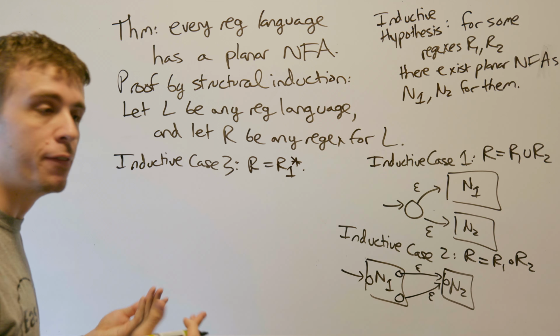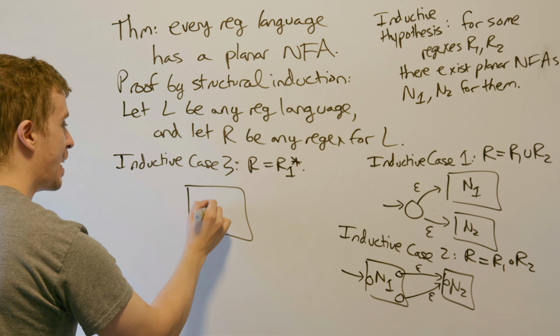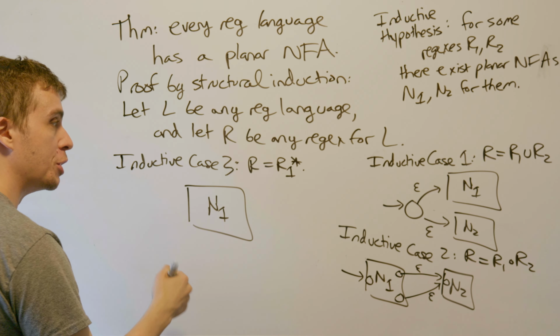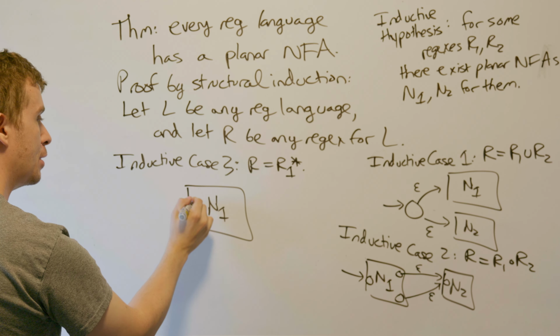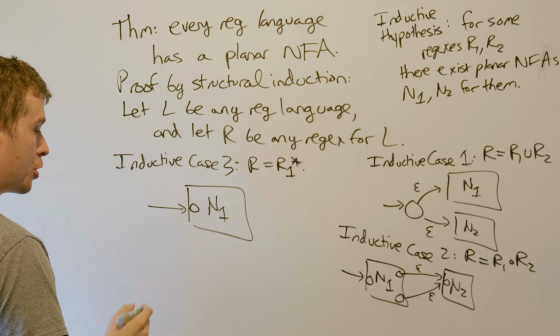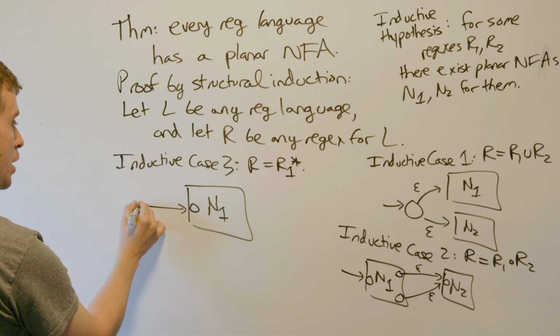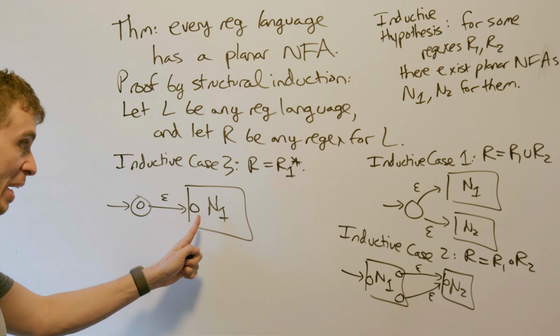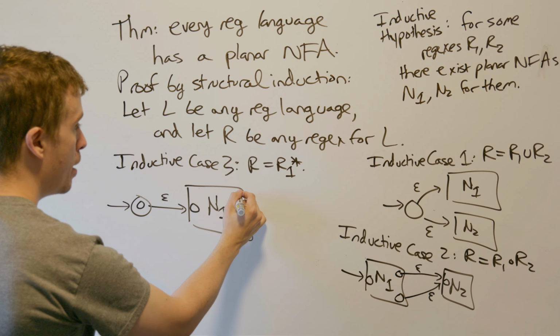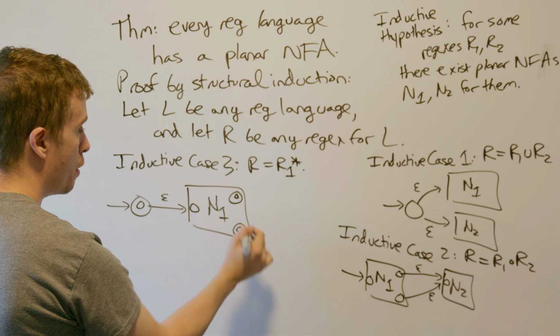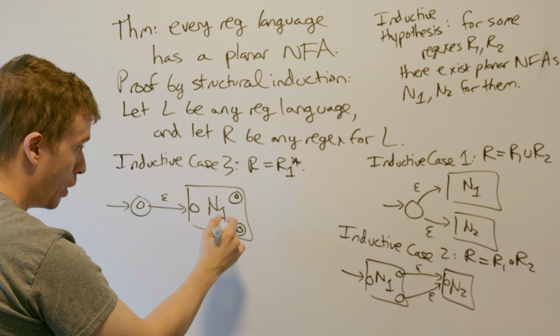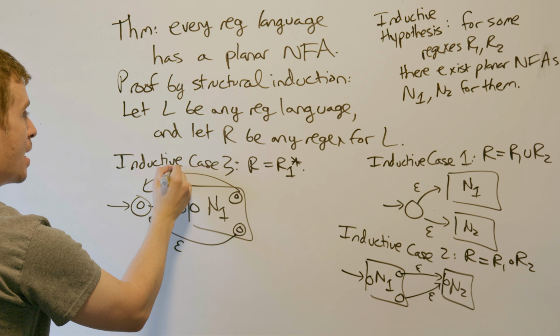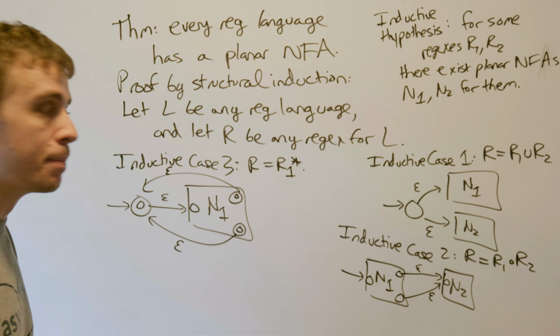Then the standard conversion is to take the N1 machine, which corresponds to R1, and you have that be its start state. But what you do is you make a brand new final state at the beginning, epsilons your way into the start state of N1, and every final state of N1, the original box, epsilons their way back to this brand new start state.